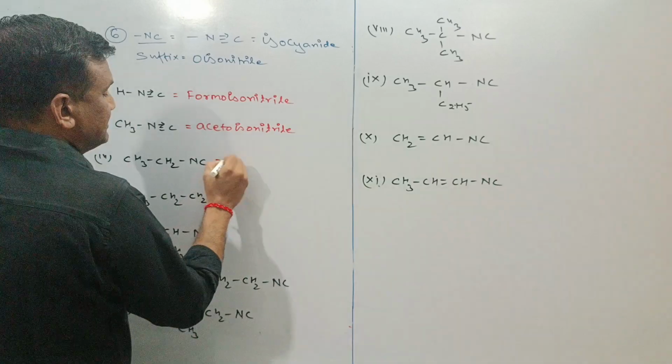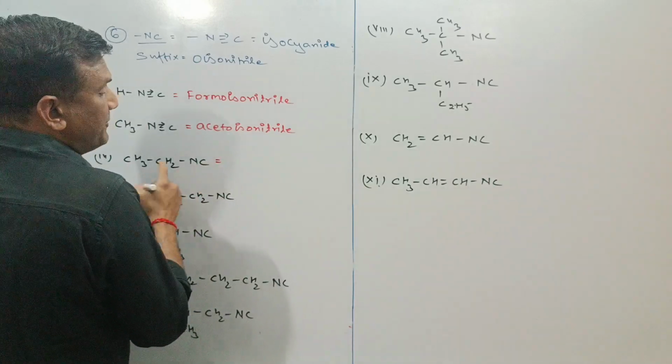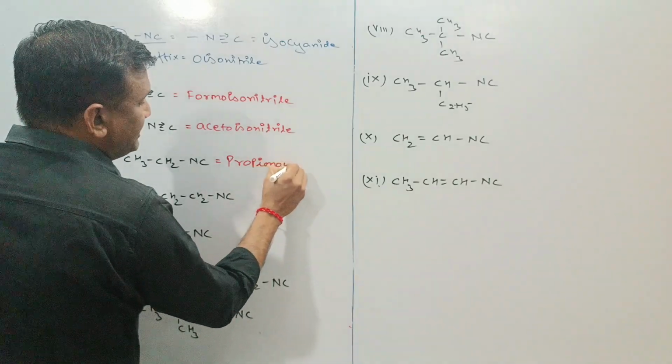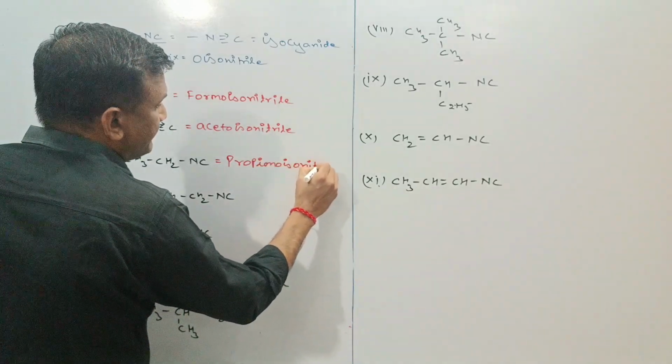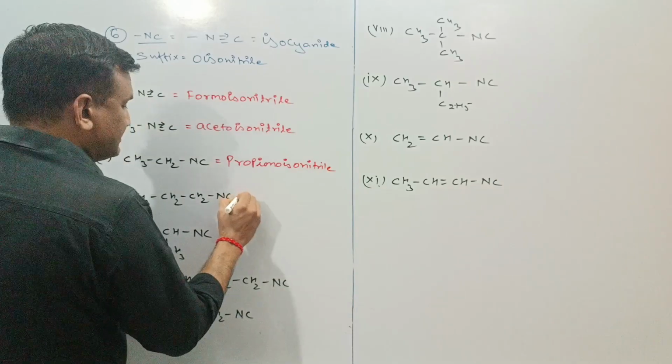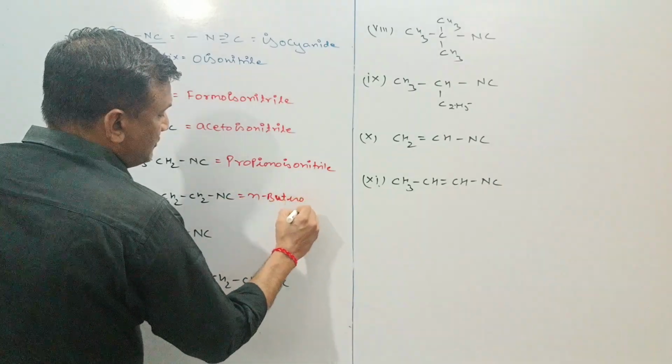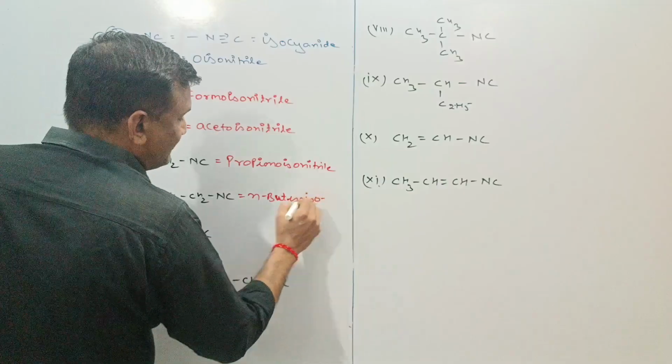This is called propiono isonitrile. This is called n-butyro isonitrile.